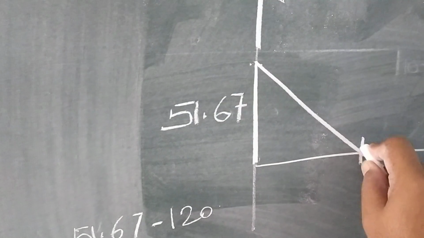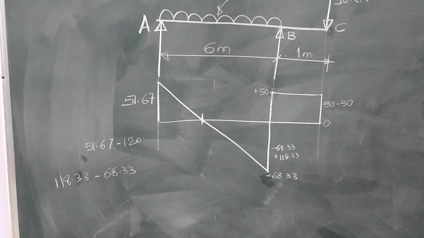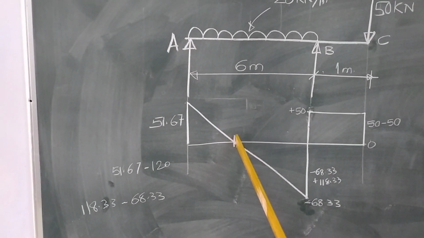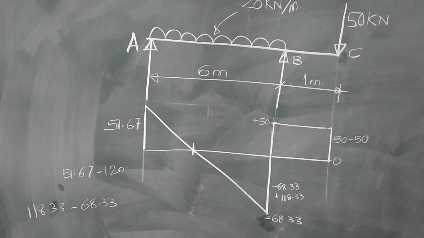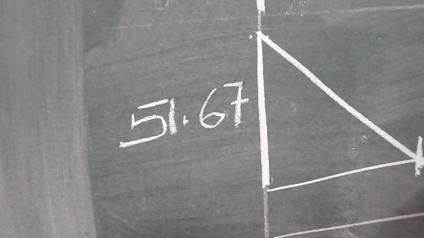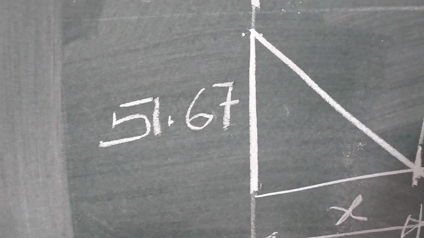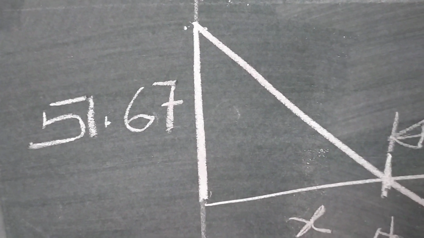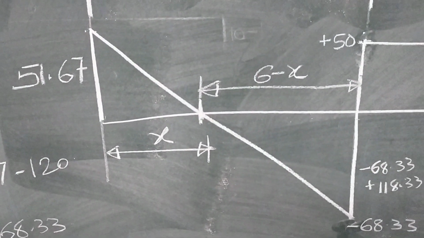This is a point where the shear force diagram changes its sign. This point is known as the point of contraflexure. Let us take this point as x. Let us study what the point of contraflexure is. If you say this is x, then obviously this is 6 minus x.